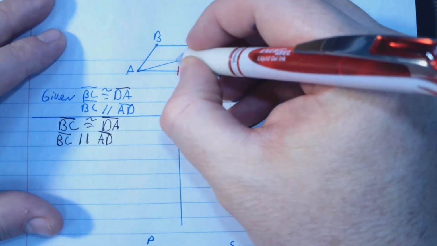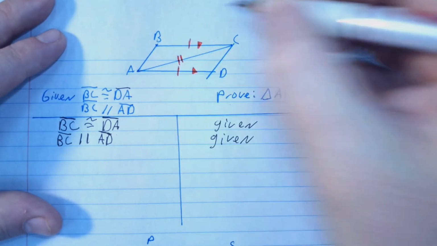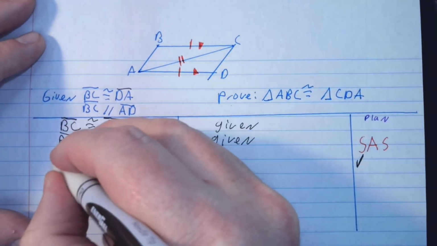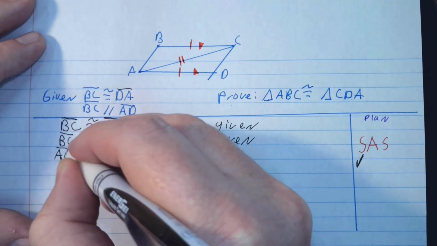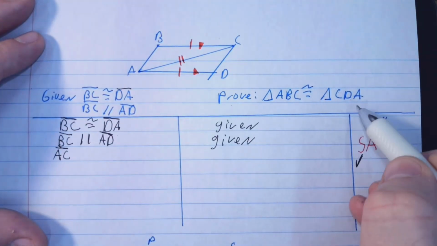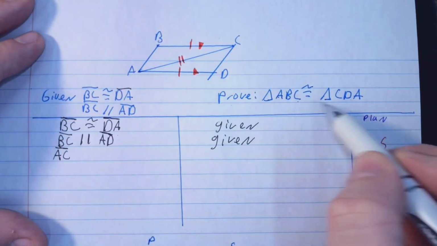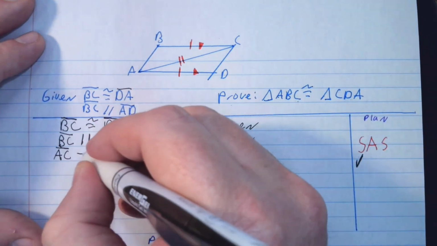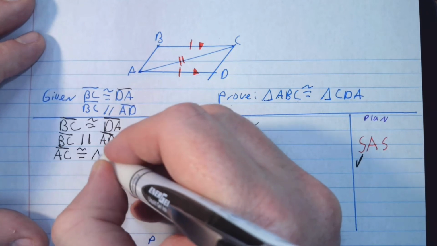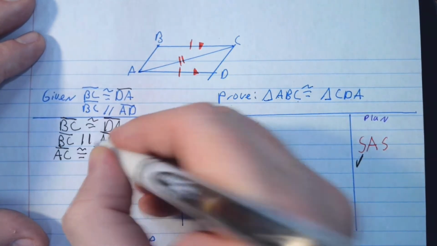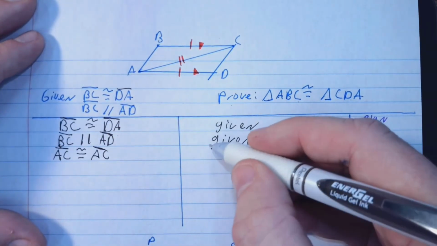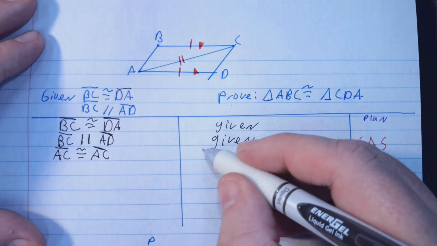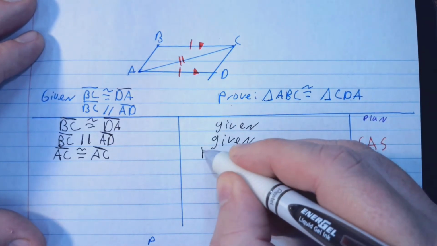I think that AC is AC on both the triangles, AC and CA. I think that AC is congruent to AC. Do you remember what rule that would be? Reflexive? It is correct, reflexive.